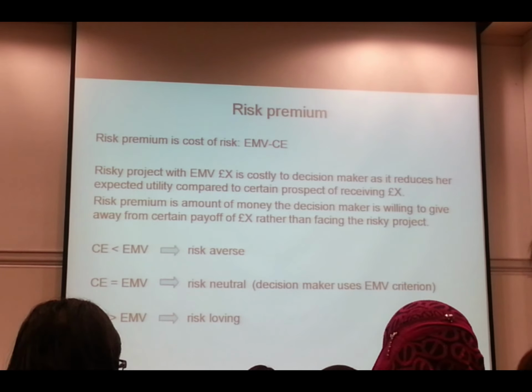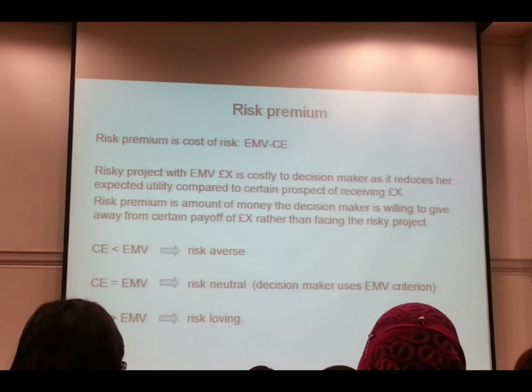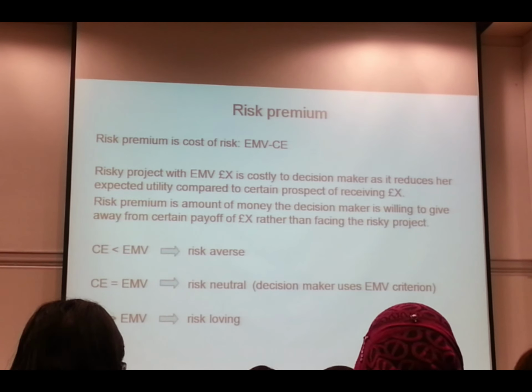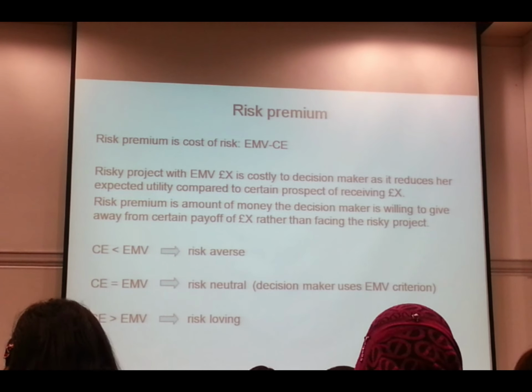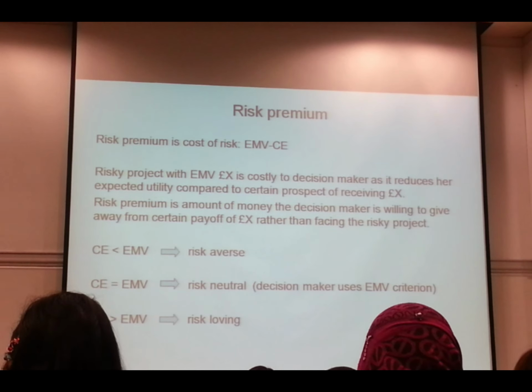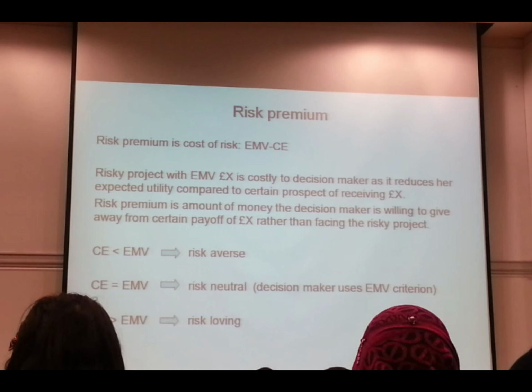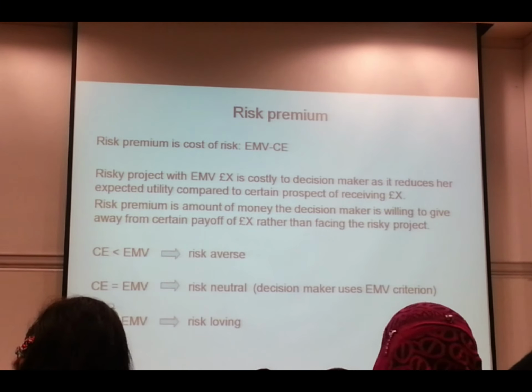In other words, if I were super risk averse, I would say, well, rather than facing the danger of getting nothing, I'm happy just with 20 pounds, right? So give me 20 pounds, and I'm willing to give up my lottery ticket that possibly will pay out 200. In that case, that would make me extremely risk averse.